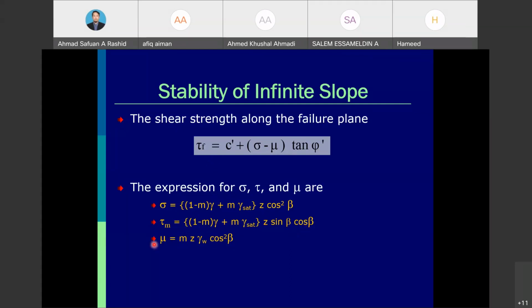Then for the nu, we use the approach of M times Z gamma W cos square beta, so it may rely on the value of M. The same goes for the sigma and also the tau m.